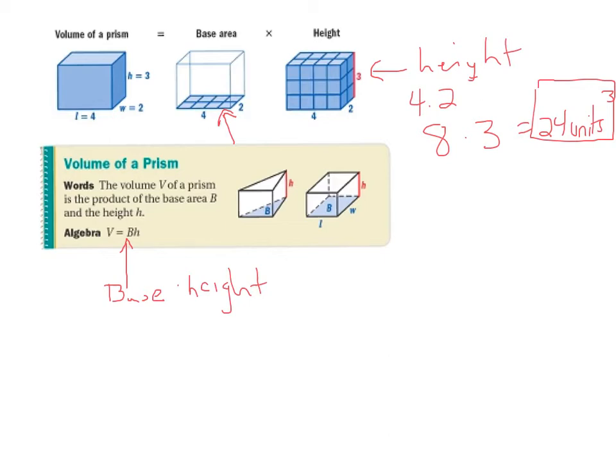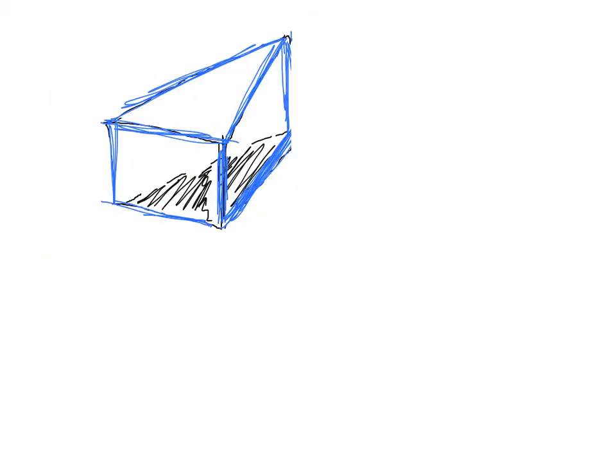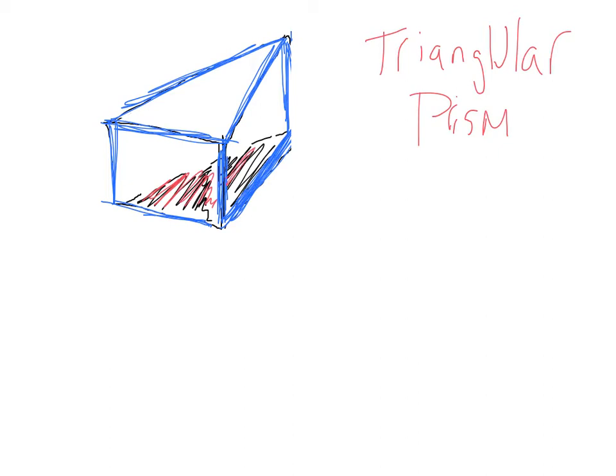Very easy. Okay, let's pretend like this is a nicely drawn triangular prism. And again, it doesn't matter whether the prism is a rectangle or a triangle, because you're looking at the base, what I'm shading in red here, and you're extending that up the height to figure out what the volume is.